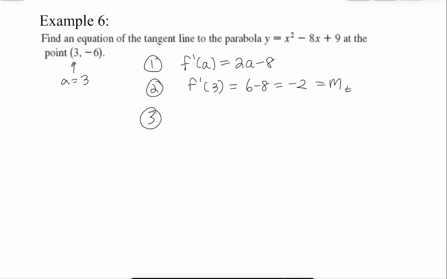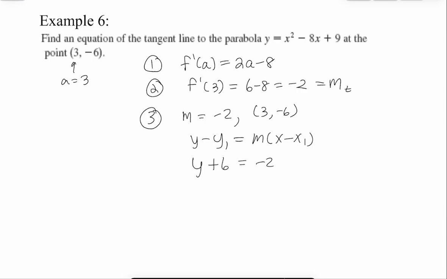And then step 3, we're going to use the slope that we found. We're going to use the point that was given, and we're going to use y minus y1 equals m times the quantity of x minus x1. We're just going to plug that in. So it's going to be y plus 6 equals negative 2 times the quantity of x minus 3.